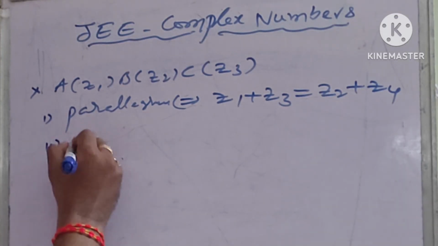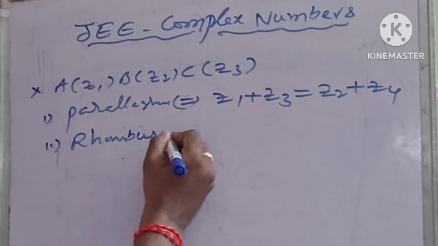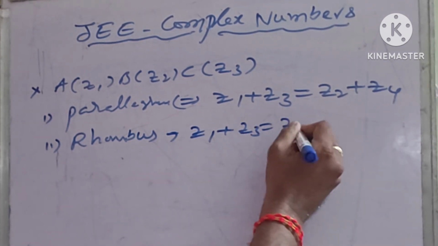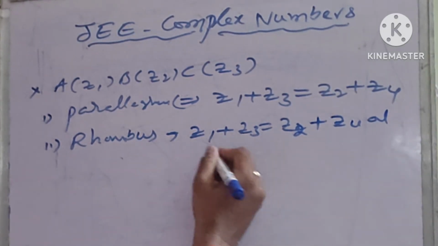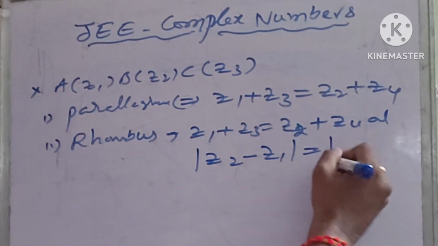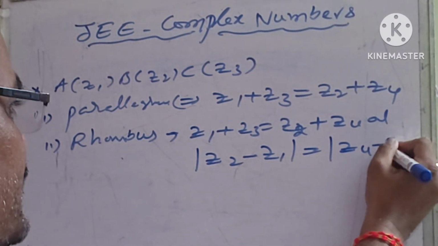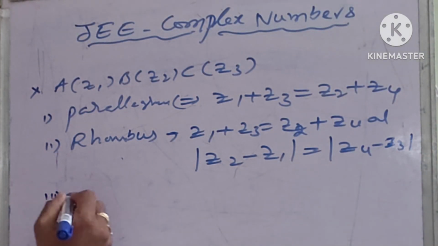Now the second one, rhombus. Here z1 plus z3 is equal to z2 plus z4, and modulus of z2 minus z1 is equal to modulus of z4 minus z3. Now the third one, square.